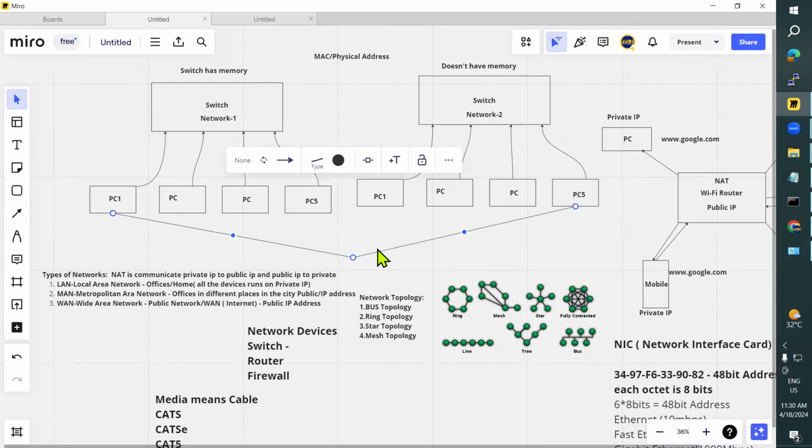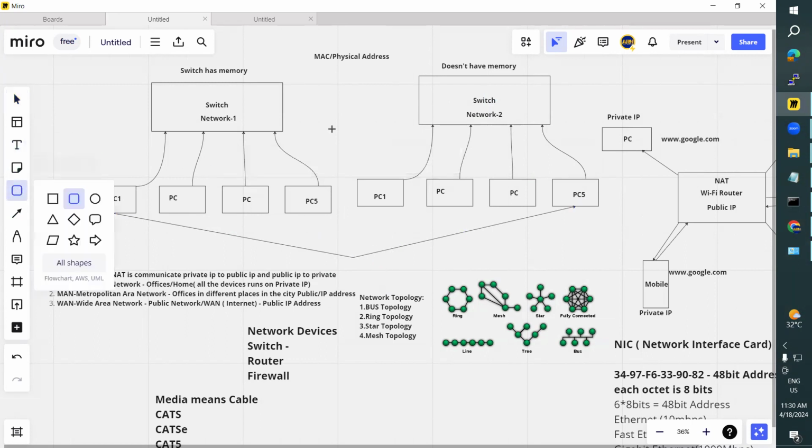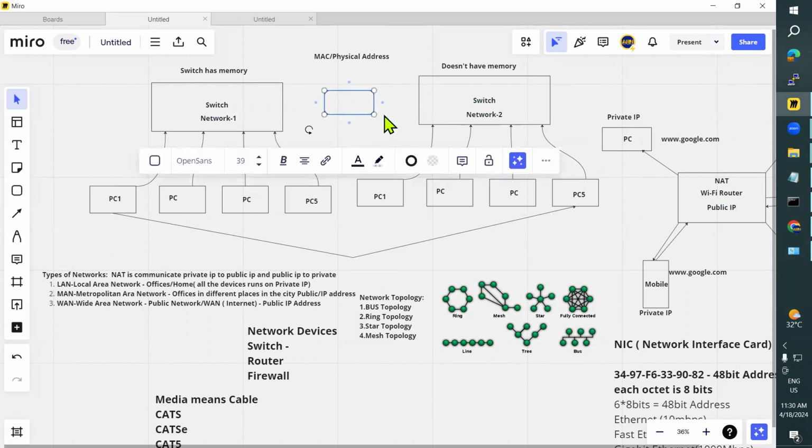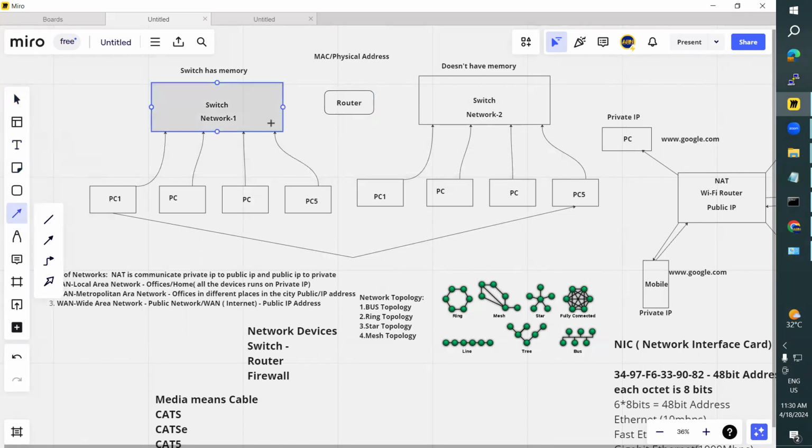If you place a router here and connect this switch to the router, and that switch to the router, then both networks will communicate with each other.